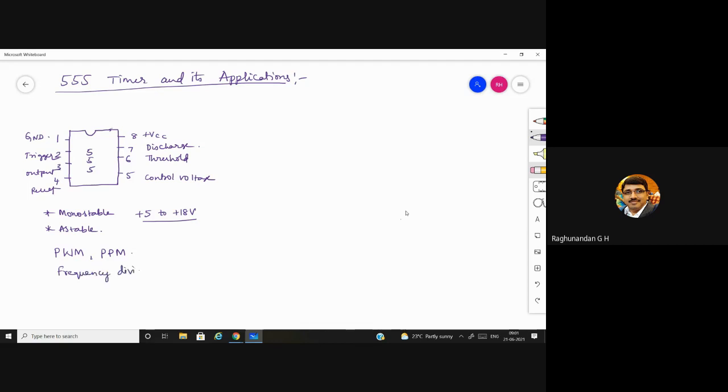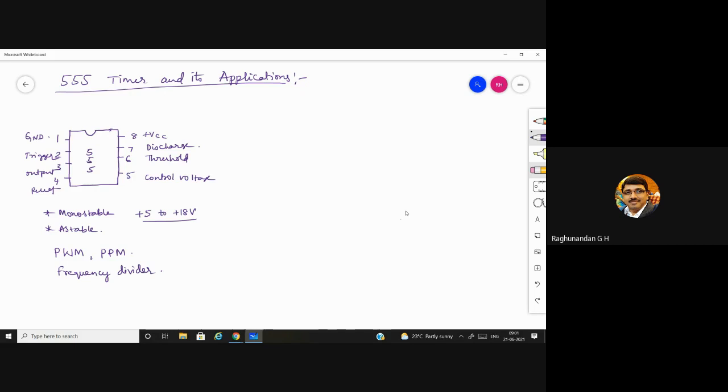This application we are going to study, and also this can be used in an automatic battery charger, because here we can use it to discharge. So by using this 555 timer, we can also charge a battery. That is one of the basic applications we have.